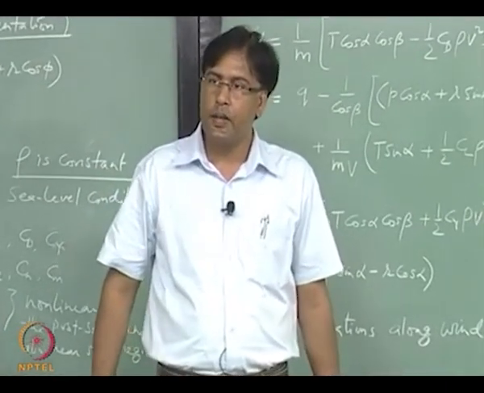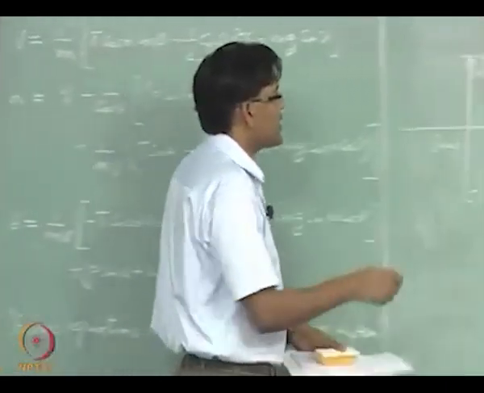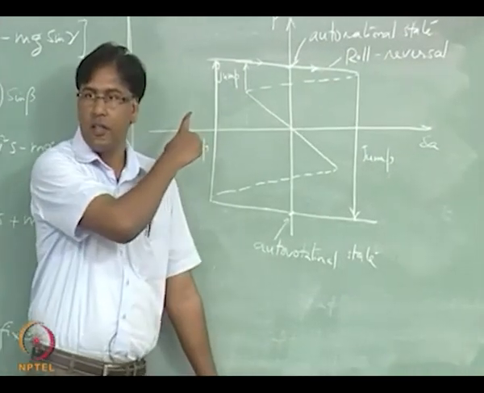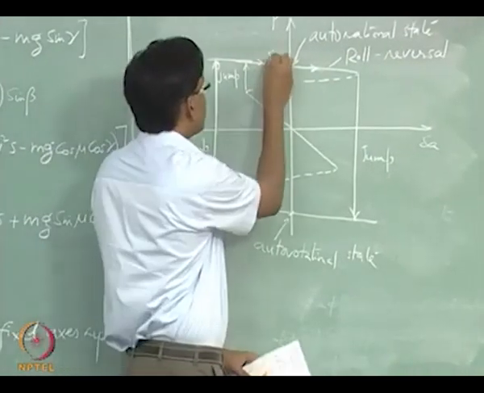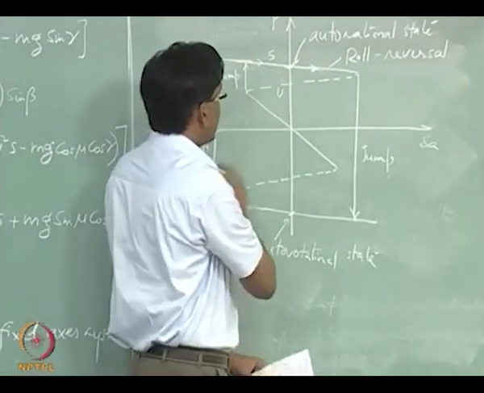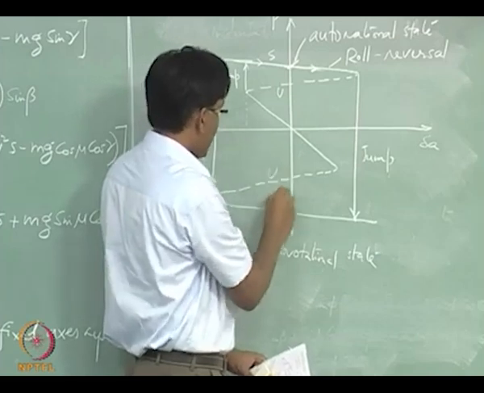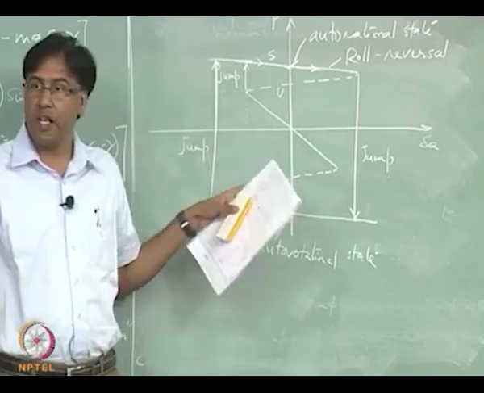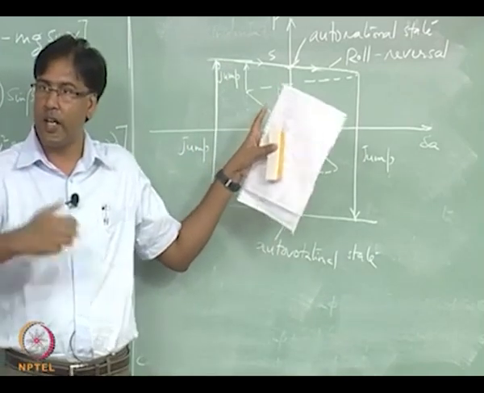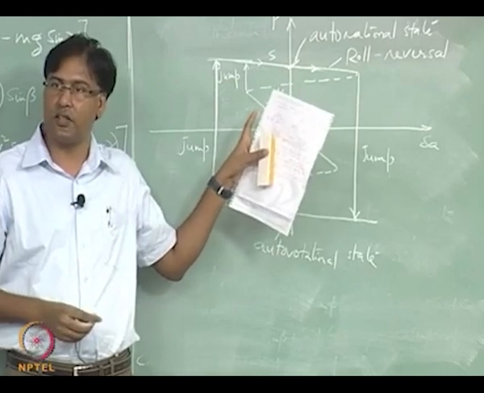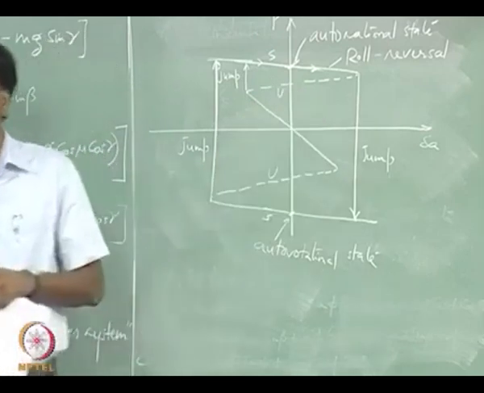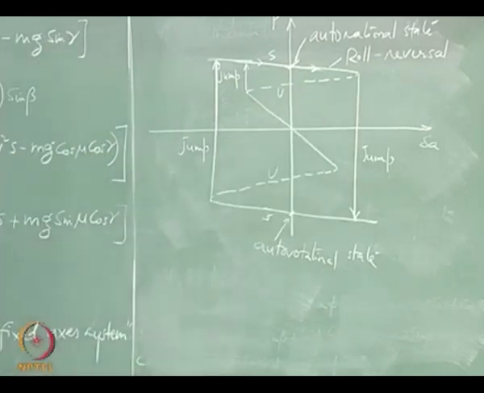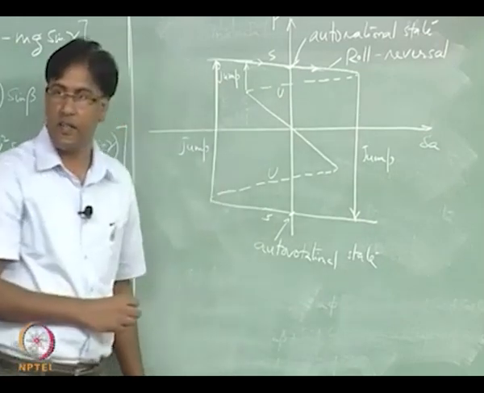At that point solutions become unstable. Okay, so you have these stable solution branches, and here the solutions are unstable. So these are possible motions where the aircraft can get into as a result of loss of stability, right. So you see hysteresis here.